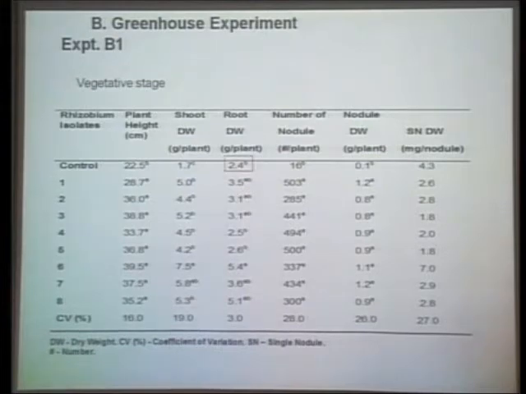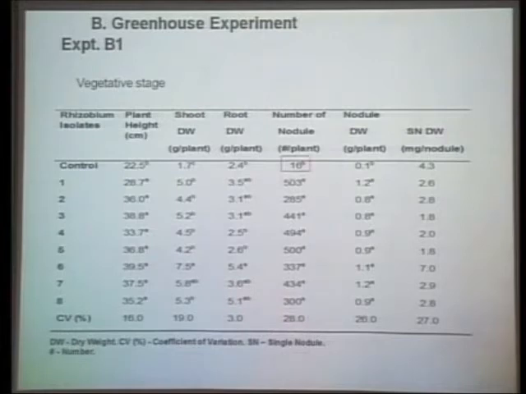And then the root dry weight also shows significance among the control and the isolates. Isolate source continued to lead, and then isolate 8, which is also statistically similar to the first one, isolate source.